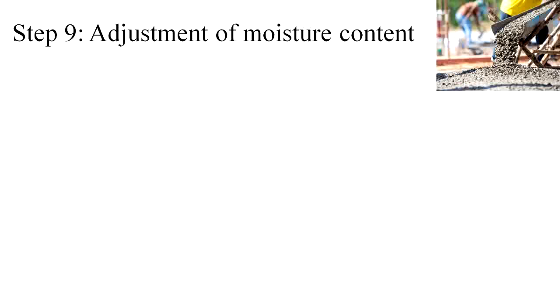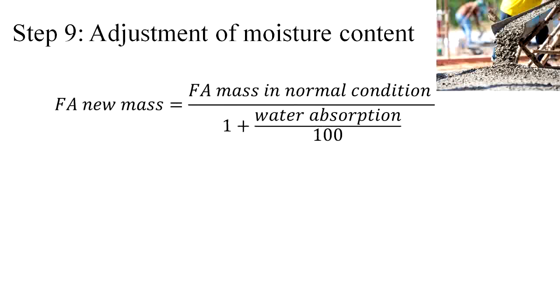We have taken that into account because the fine aggregate and coarse aggregate are going to be very dry initially, and when mixed with water, they will absorb more water, thus making the concrete less workable and sometimes leading to incomplete hydration. The correction of this water content is really important. That is what we are going to do in this step, the adjustment of moisture content.